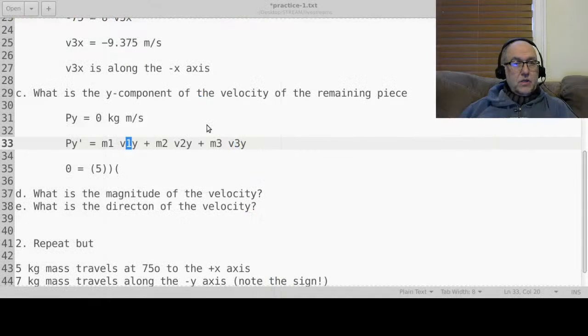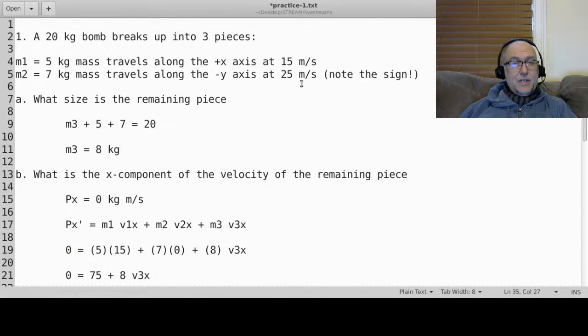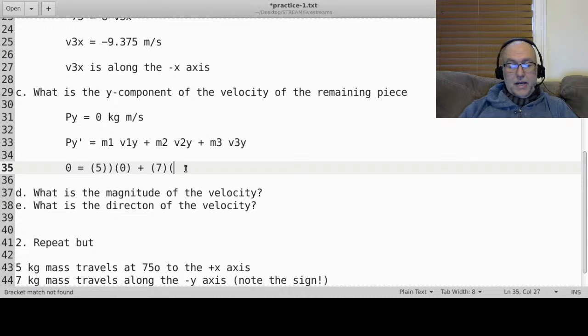Let's switch back. So the 5 kilogram, no y component to its velocity. The 7 kilogram has a y component, but it's traveling 25 in the negative y direction. So over here we've got to put in negative 25. The sign is important because it says what direction you're going in, and there are two possibilities when you're looking at a component.